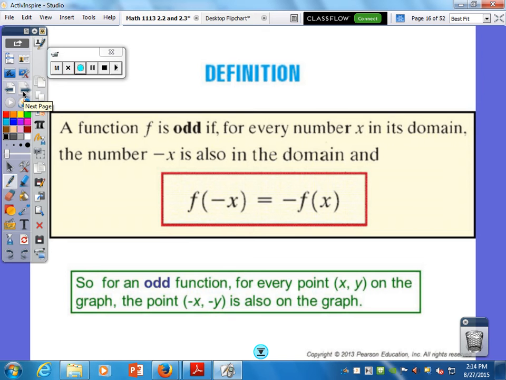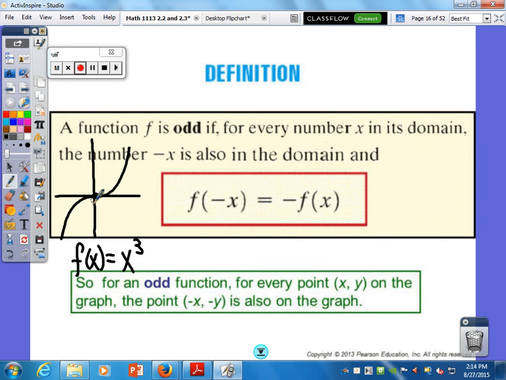All right, a function is odd if for every number x in its domain, the number negative x is also in the domain. The most basic odd function that I know how to graph is a cubic function. If these were your axes, it's going to go through the origin 0, 0, and it's going to look like that.